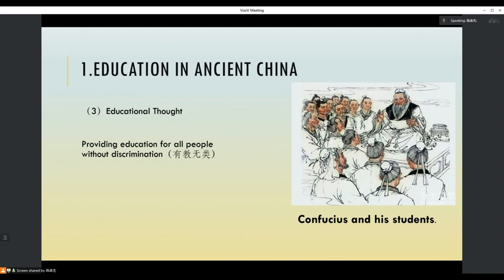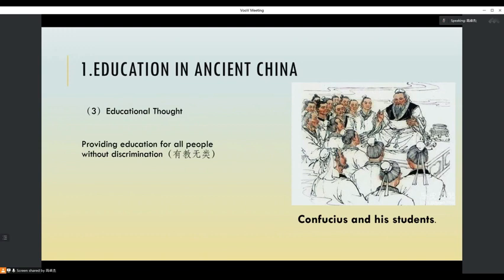His students could go around to other states to provide policy for others.